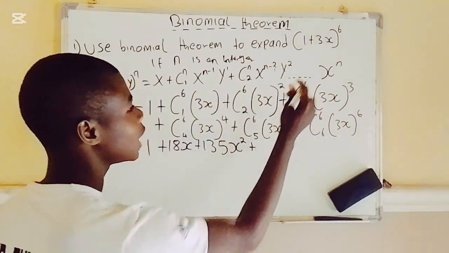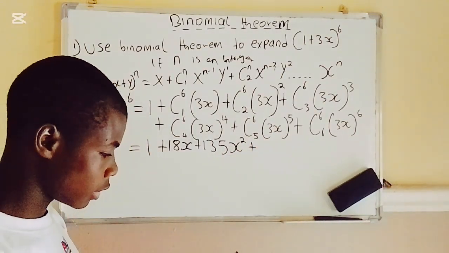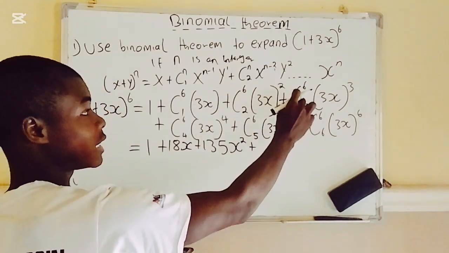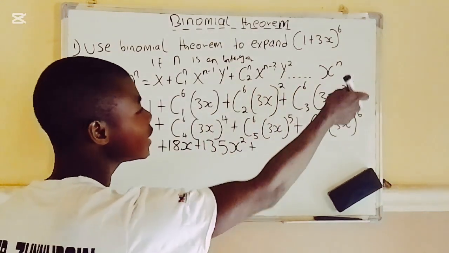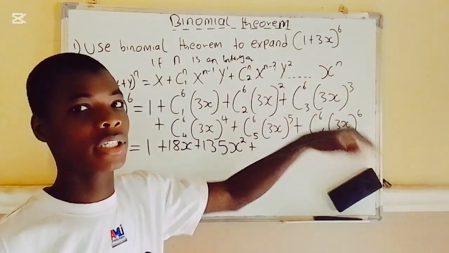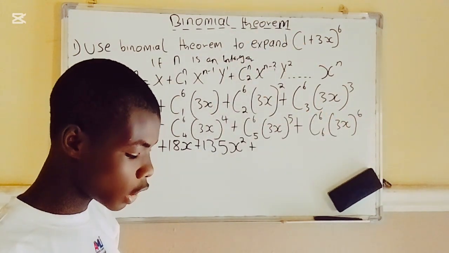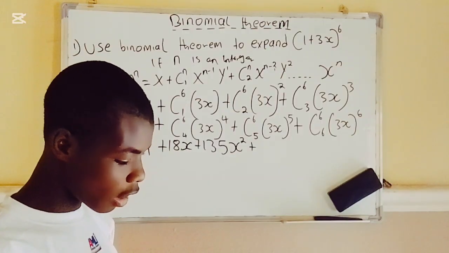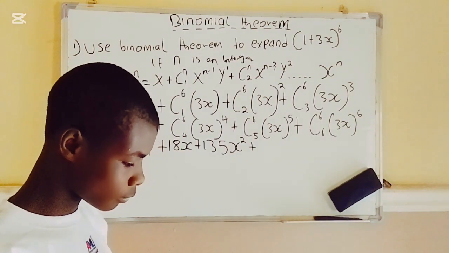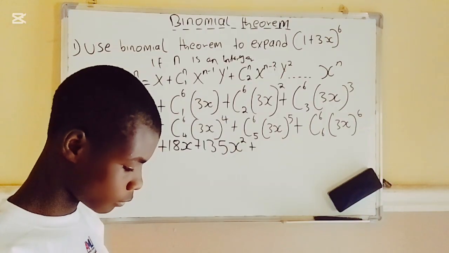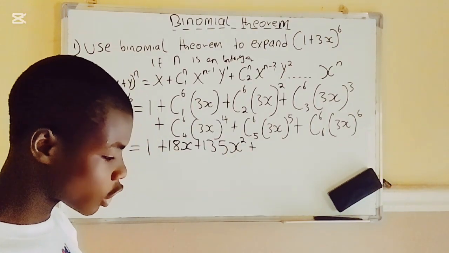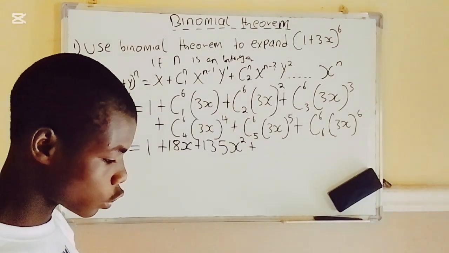And therefore plus, let's check 6 combination 3 without wasting time. It will give me 20. 3 raised to the power of 3 gives me 27.